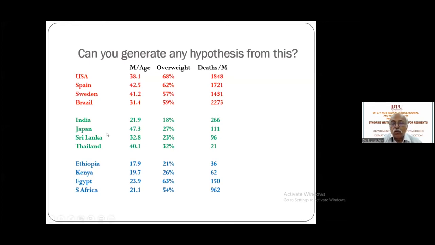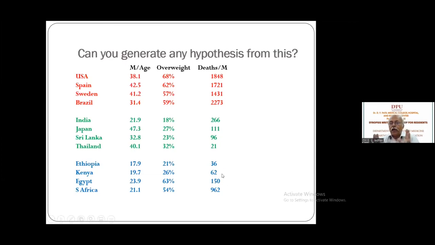Japan is another outlier, which has a higher median age, 47, but its obesity is 27, and it has a much lower fatality from COVID. Similarly, in the African countries most median ages are in the 20s, but there are 2 countries which are obese: Egypt is 63% overweight, and South Africa is 54%, compared to the other 2 African countries. And their fatality is higher, in 3 digits.